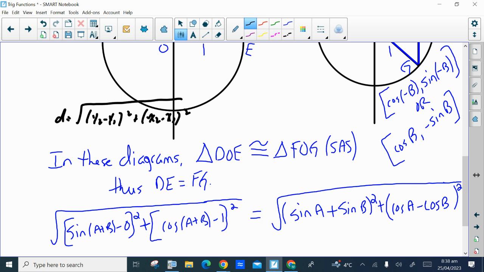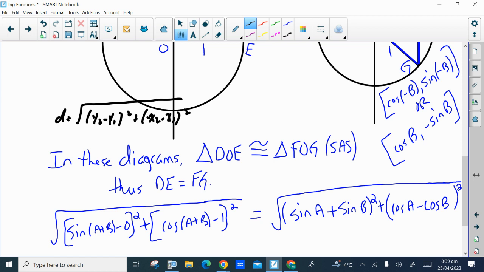You might remember we did some problems when we were looking at maximum and minimum values, where we wanted to find a point on a curve that was the minimum distance away from a point on the y-axis, and we used this distance formula. Now you can switch these two terms around. You can put the (x2 minus x1) all squared first.